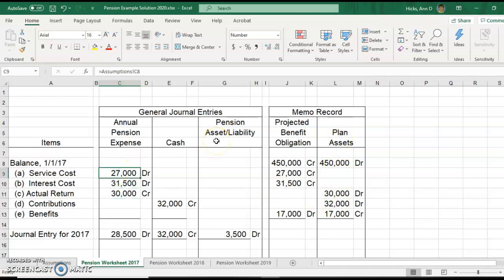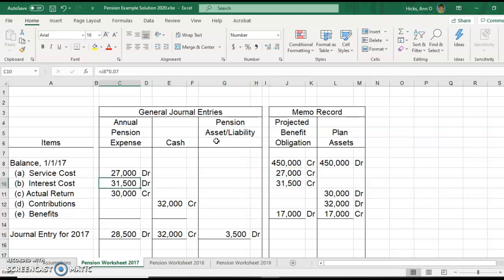Now, notice what I've done here. I debited service costs to the annual pension expense. Well, that service cost also increases the projected benefit obligation. So while it's debiting annual pension expense, on the worksheet, we're acknowledging that that will be a credit on the books of the plan for $27,000, increasing the obligation.